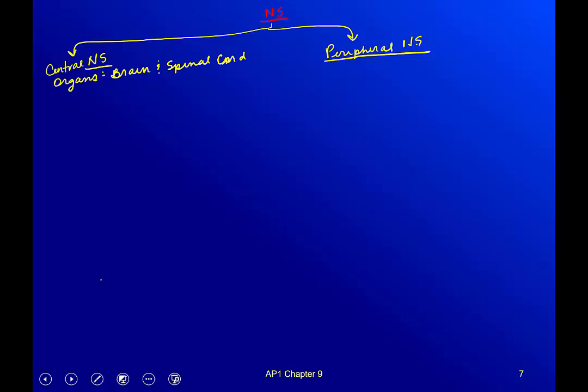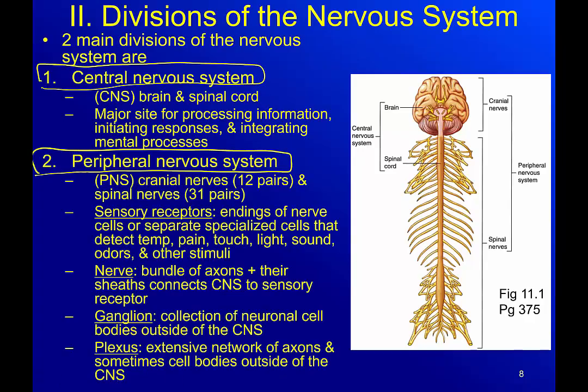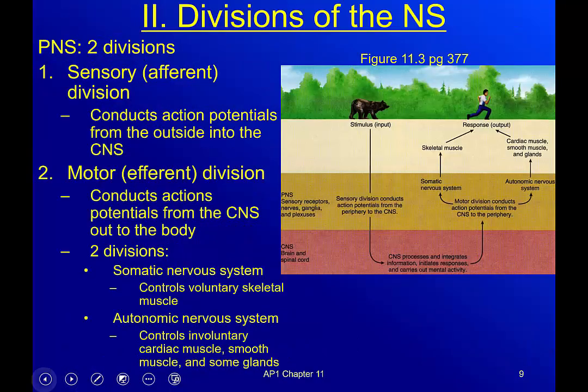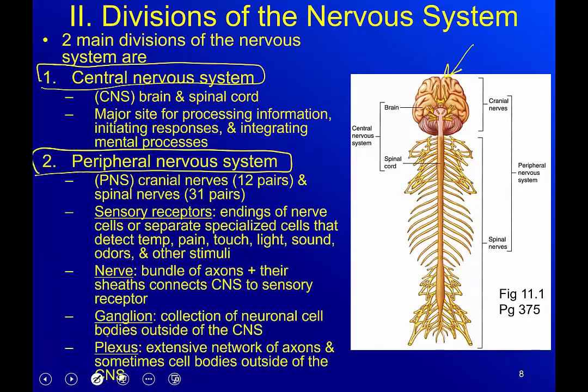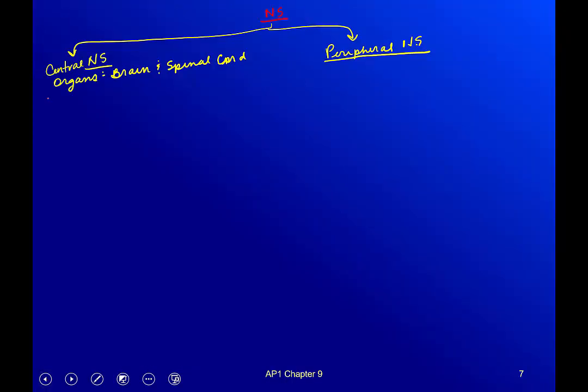Looking at the picture, brain, and the spinal cord, this thing here in the middle. So brain and spinal cord. It's the major site for processing information, initiating responses, and integrating mental processes. Okay, so function.